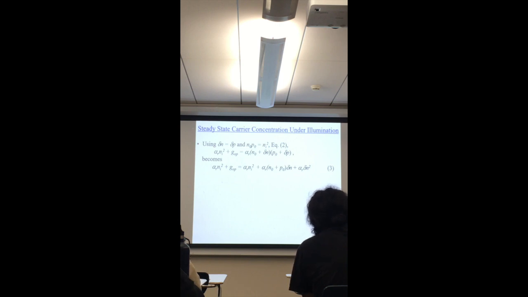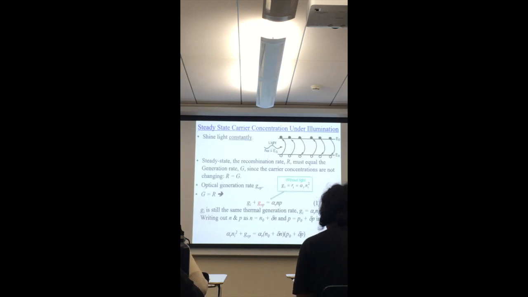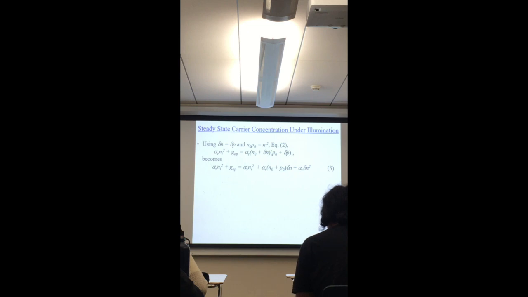And so if we start with this equation here, basically we would like to just expand this, right? If we expand this, we will have 4 terms. Okay, so we have these terms, and also we notice that this delta n should be the same as delta p, so that's why we can get this equation here.